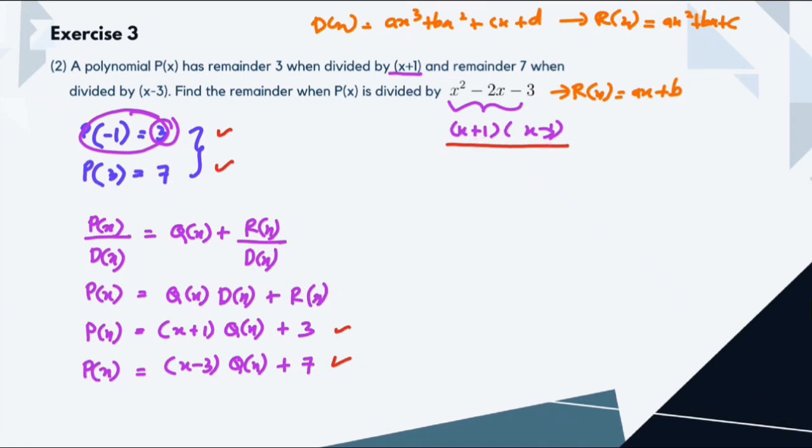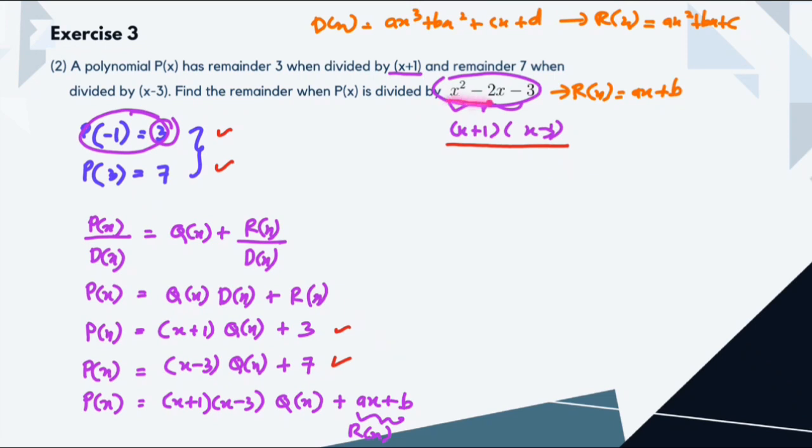So we get another form we can write down here: the polynomial divided by this divisor, rewritten in terms of the factors x + 1 and x - 3 multiplied by the quotient, gives in general the remainder ax + b, which is linear. This is the general form of our remainder when the divisor is x squared - 2x - 3.